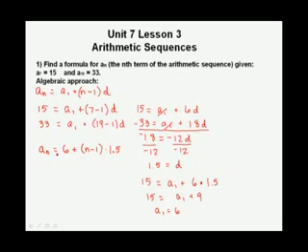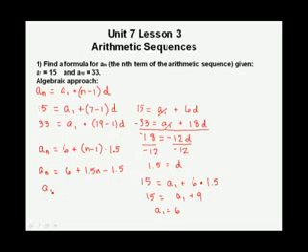The first term of the sequence is 6. So now the expression for the nth term is a sub n equals the first term 6 plus n minus 1 times that common difference of 1.5.